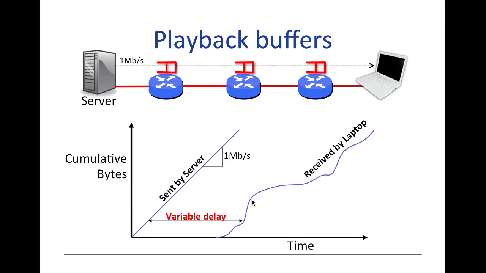We can also see, at a given time, how big the amount of buffering along the path is. Basically, how many bytes are in the path from the server to the client. And that would be shown by the vertical distance here, because it says that at a particular time, this is the number that have been sent, and this is the number that have been received.